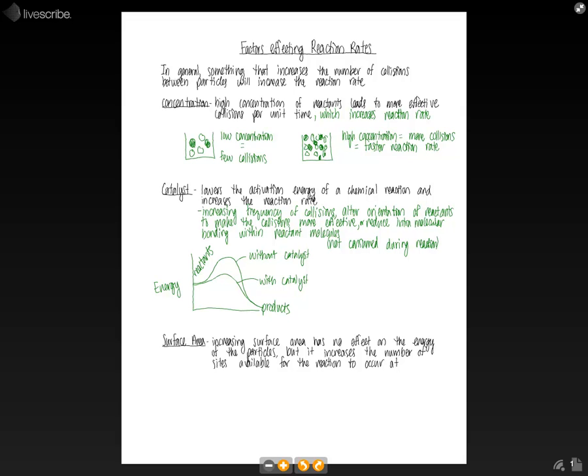And so finally we're going to look at surface area. Increasing the surface area has no effect on the energy of the particles, but it increases the number of sites available for the reaction to occur at.